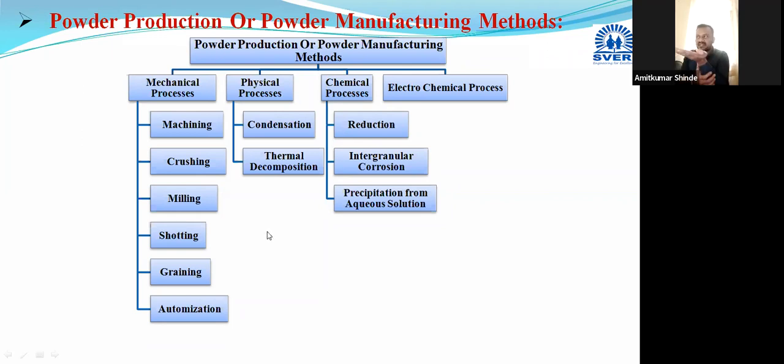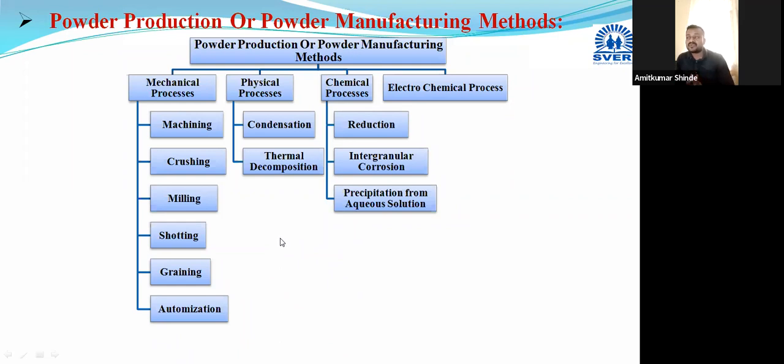That vibrating screen has some openings, and due to the vibration, the molten metal comes out in the form of liquid droplets from those openings. Those liquid droplets are solidified by passing some air or gas medium, and powder particles are obtained. This is the shooting method.